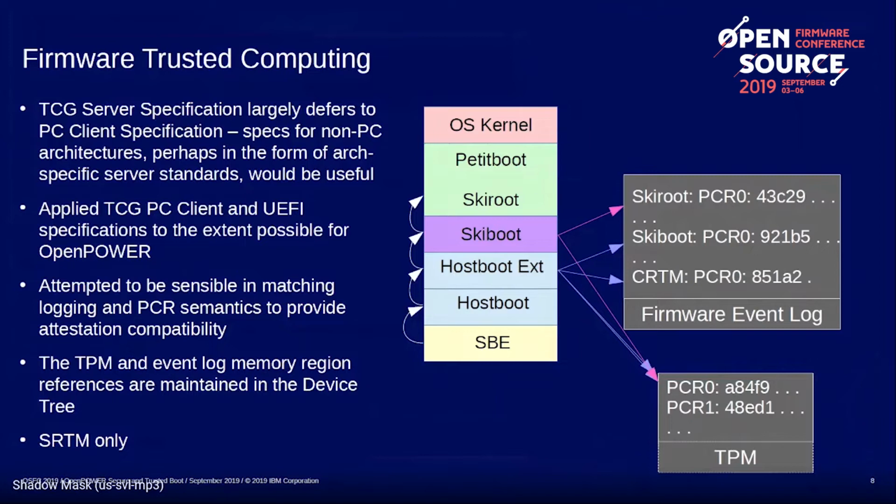We can't do that in all cases. Maybe we need architecture-specific standards in the TCG to address these non-PC architectures. In our case, we're using the device tree to locate our TPM and the event log area and pass that along to higher layers. And as I mentioned before, we only have a static root of trust for measurement.